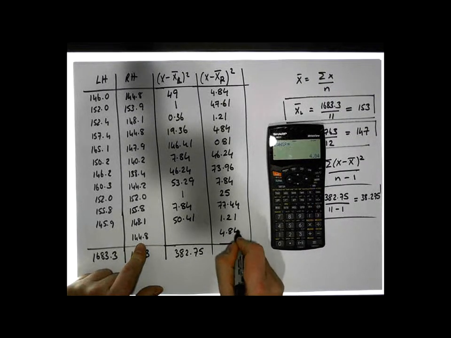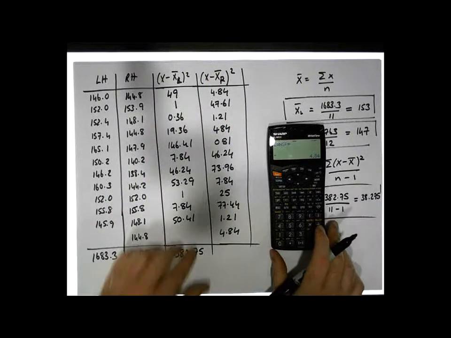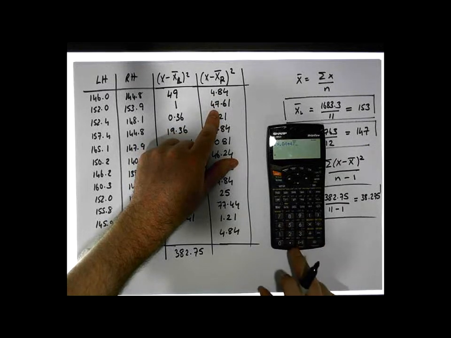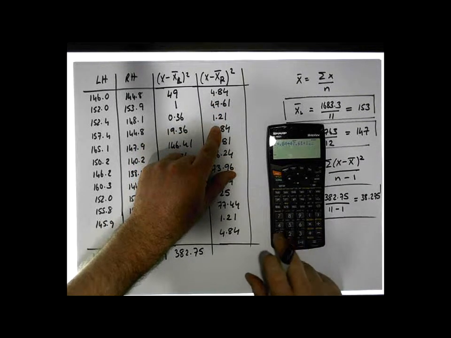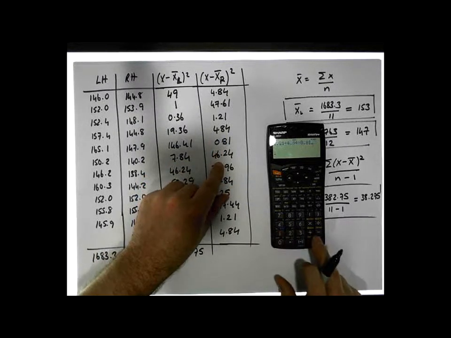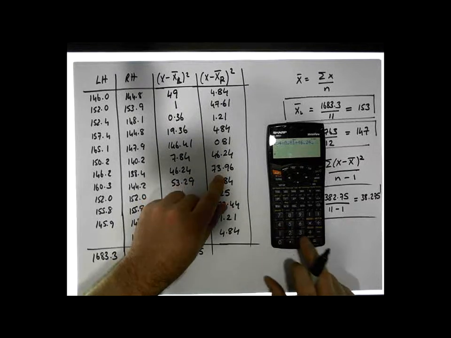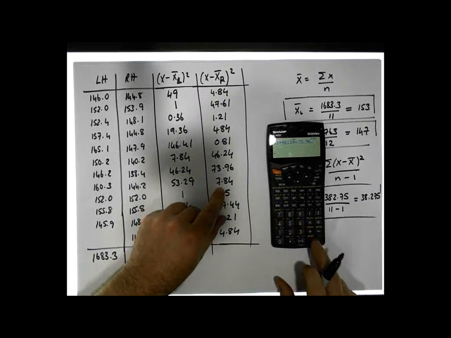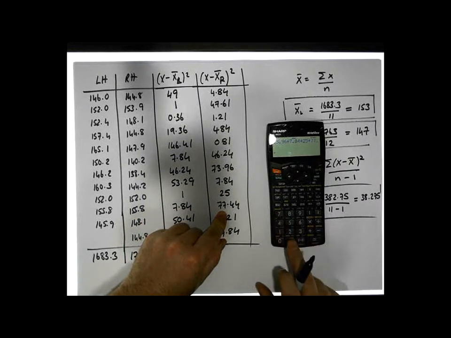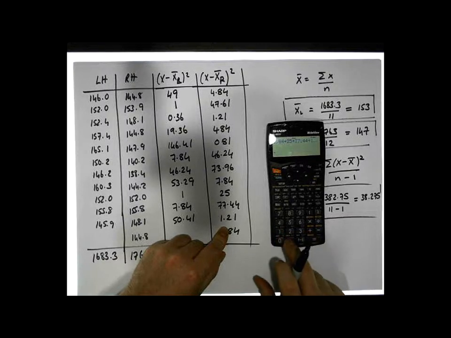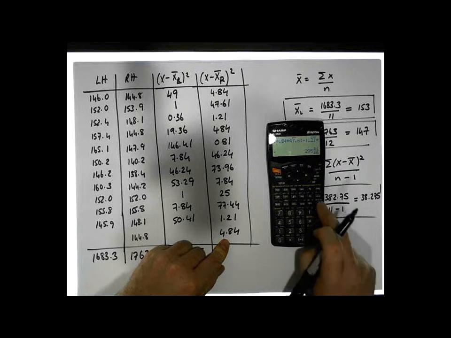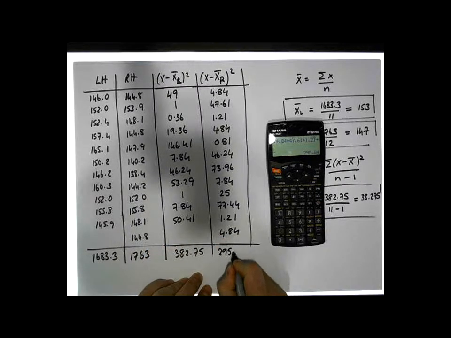And we need the sum of all of those squared distances. So we need 4.84 plus 47.61 plus 1.21 plus 4.84 plus 0.81 plus 46.24 plus 73.96 plus 7.84 plus 25 plus 77.44 plus 1.21 plus 4.84, which gives us a total of 295.84.